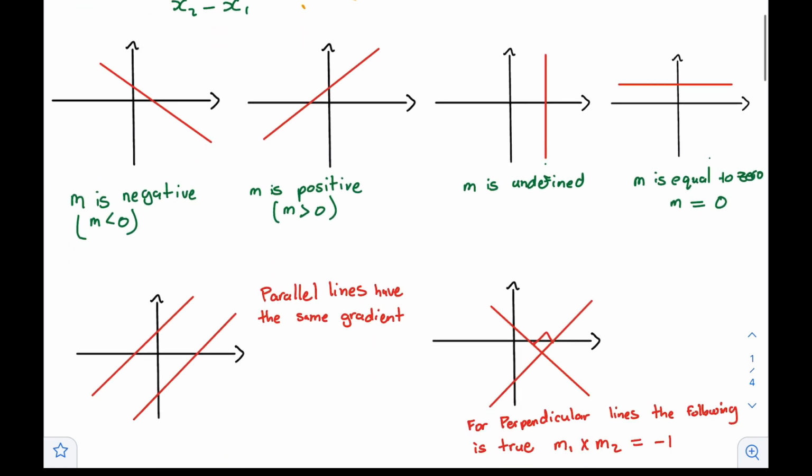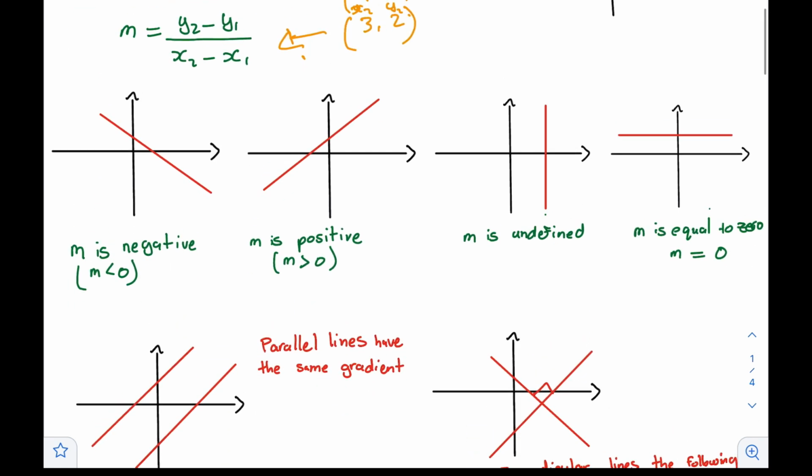Now, different factors to consider also when you're having a gradient is that when m is negative, this is how your slope is going to be like, sliding downwards from left to right. If m is negative. So if m is positive, from left to right on the x-axis, it's going to be going upwards.